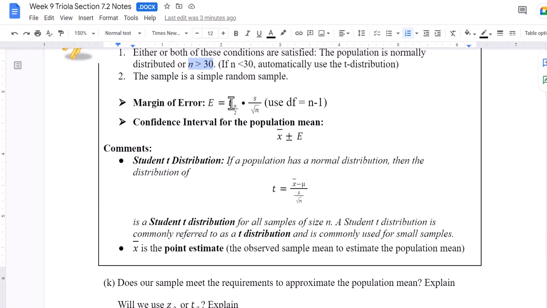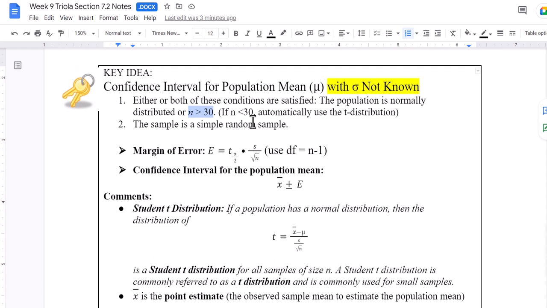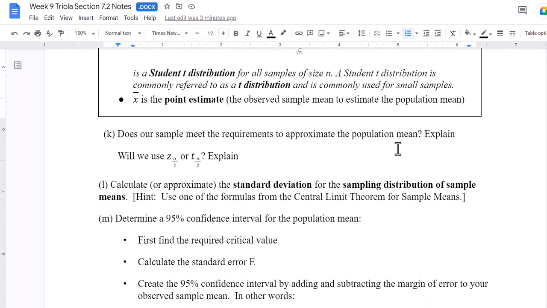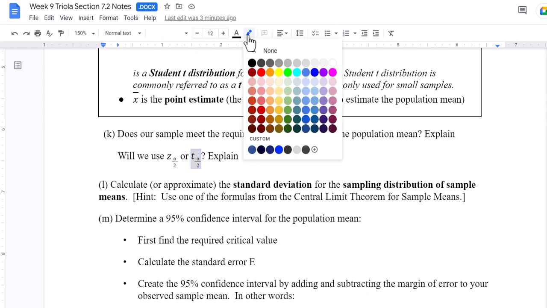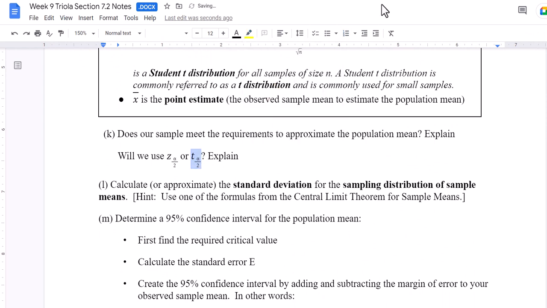I kind of gave it away when I said t alpha over 2, but how do you know? We don't know the population standard deviation. It's a big deal: if you know it, then you use the z-scores. If you don't know it, then you use the t-scores. So we are going to use t alpha over 2. That is our critical value.